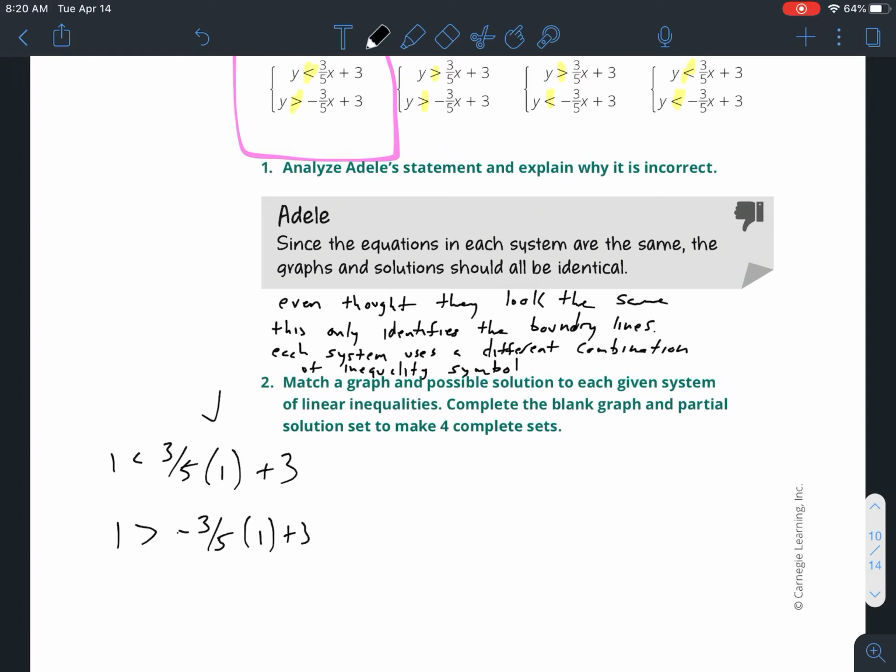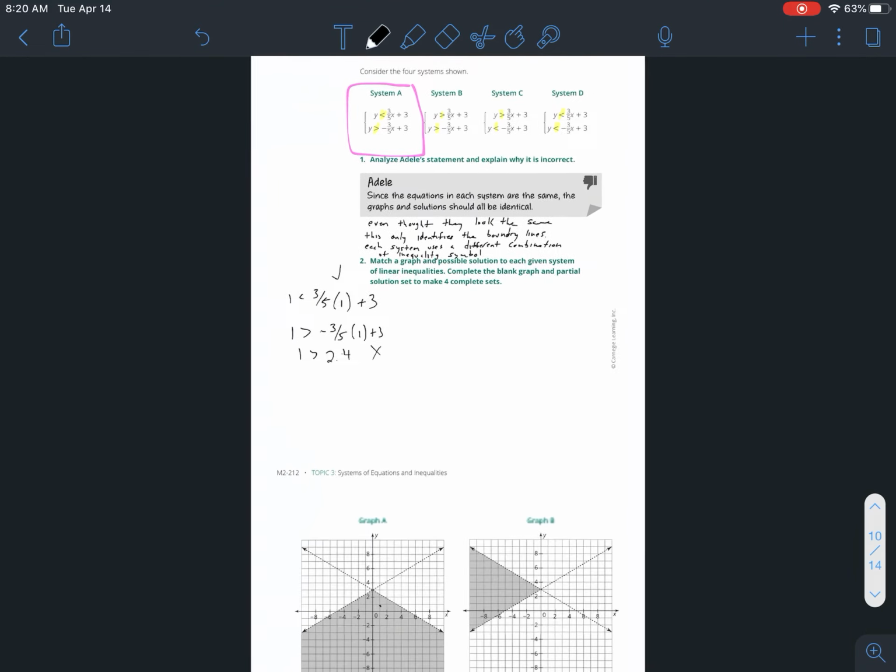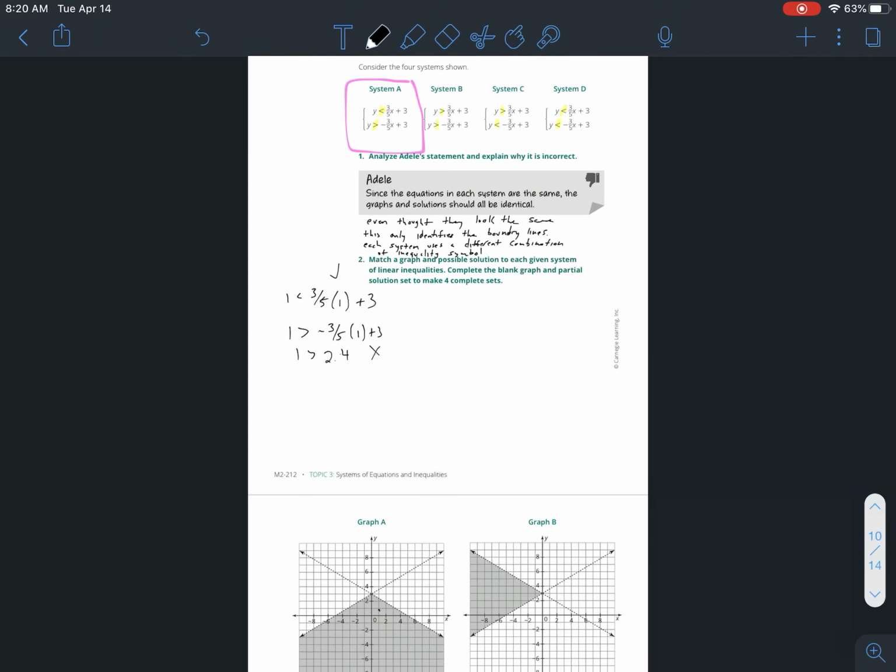Let's try negative 3/5 times 1 plus 3, and let's see what it comes out with. It comes out as 2.4, which is less than 1. That does not work. So we know system A does not go to graph A.